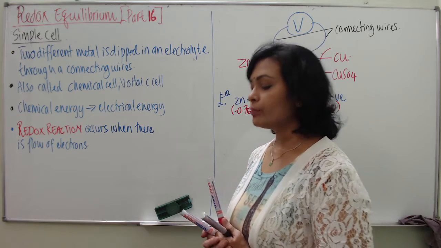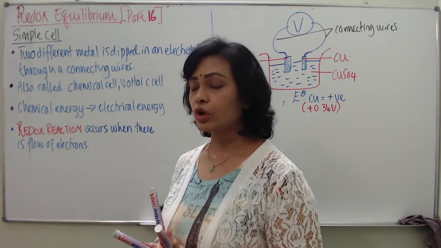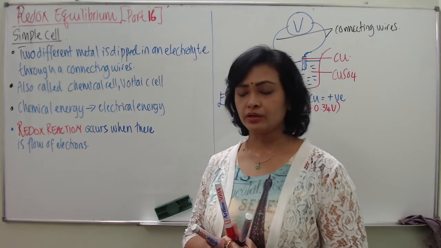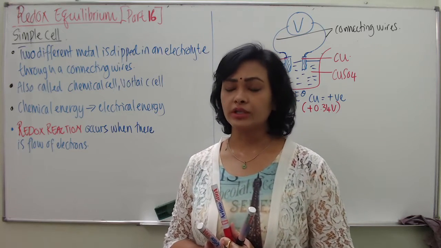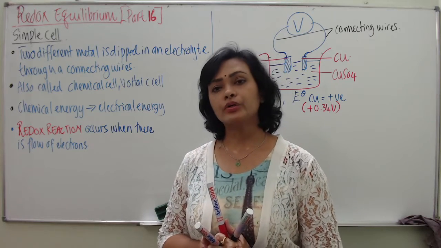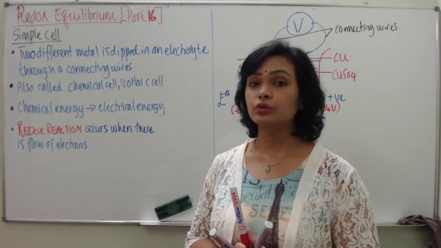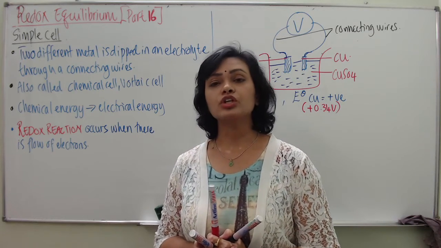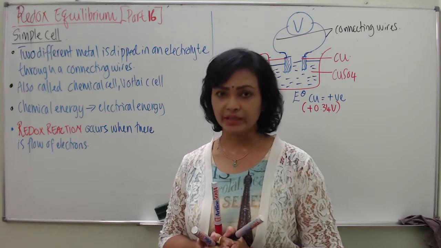Before we start on chemical cell, I hope students have watched my part 15 video, where teacher explained how a certain metal becomes an oxidizing agent compared to a certain metal or metal ion which becomes a reducing agent, thanks to the standard potential value of certain ions or metal.